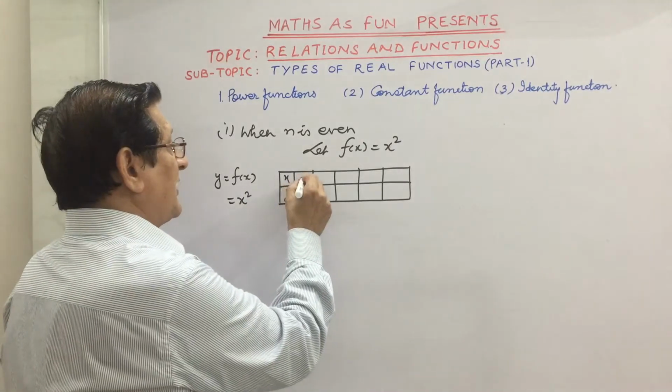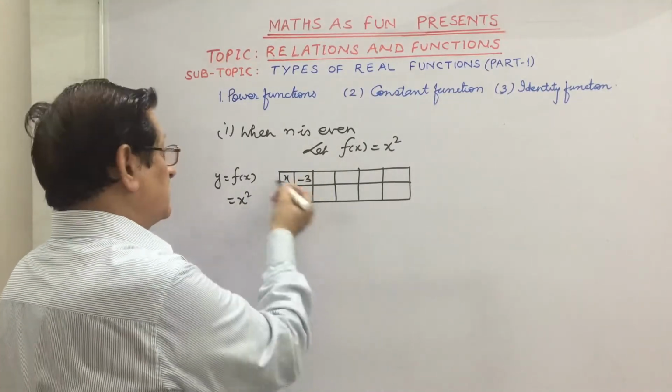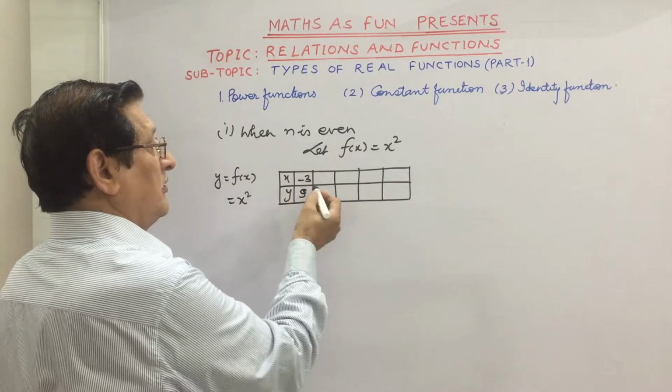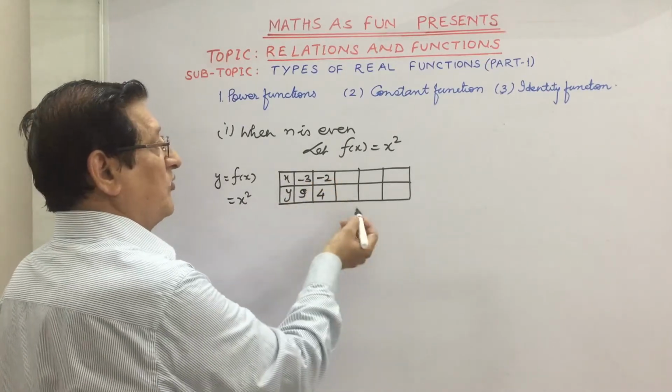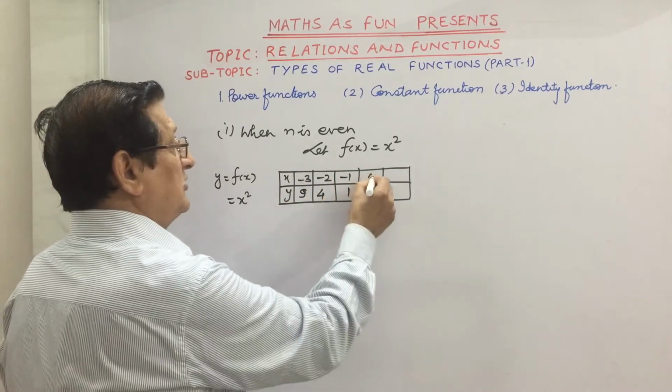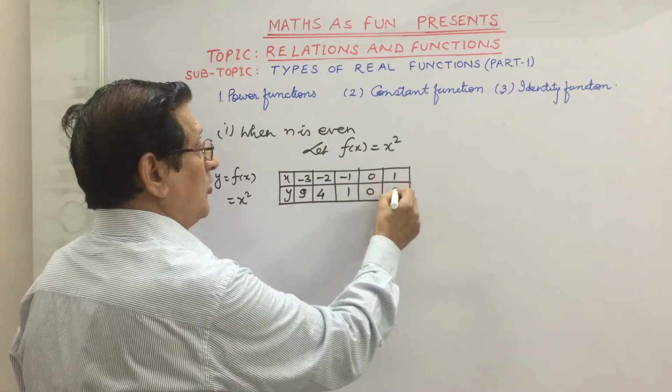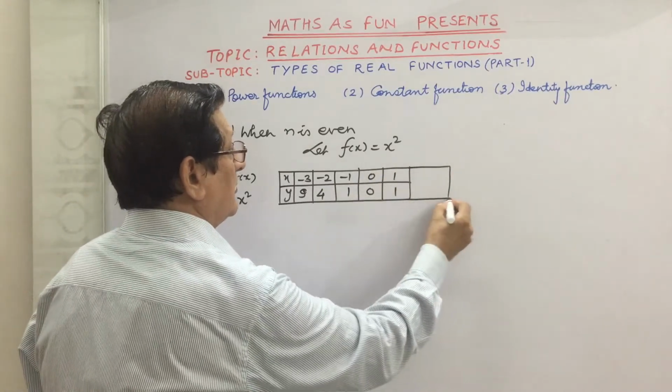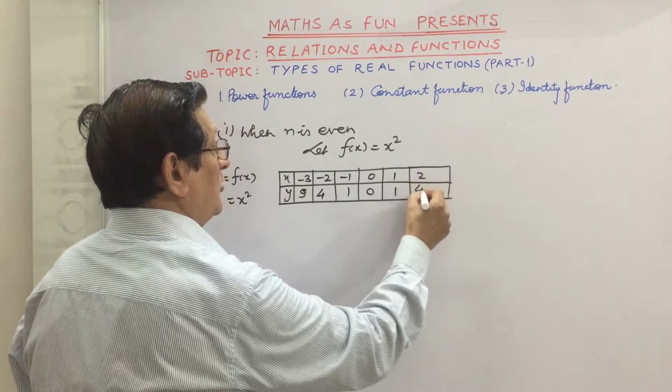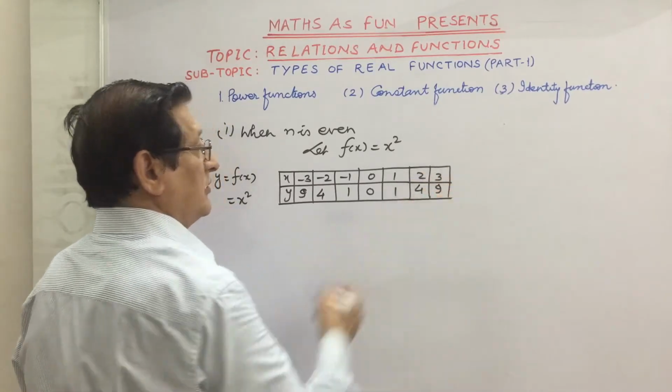If we take x as minus 3, y is 9. Minus 2, y will be 4. Minus 1, it will be 1. 0, it will be 0. 1, 1. 2, 4, and 3, 9.